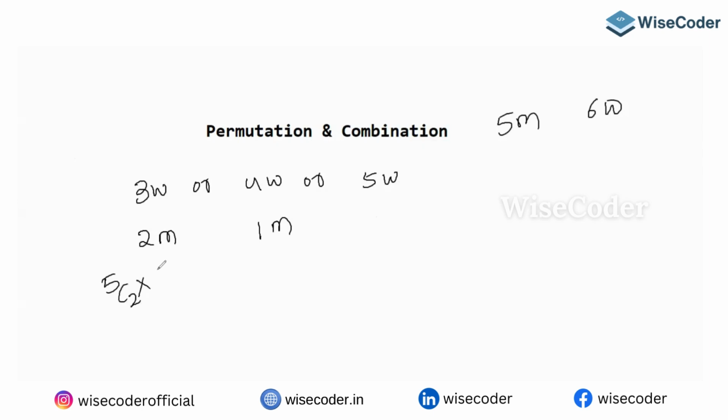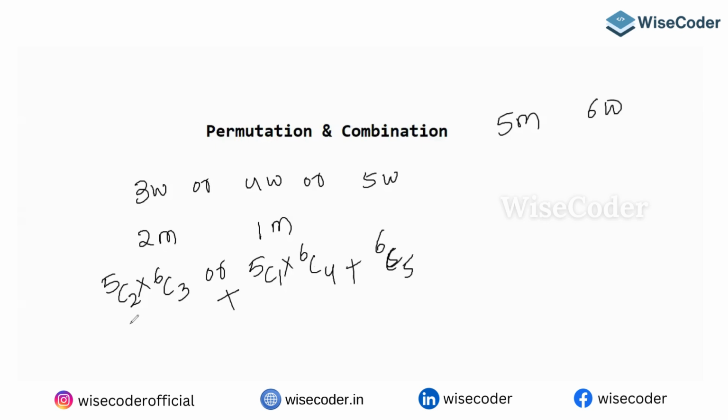So you can say here 5C2 into 6C3, or you can say 5C1 into 6C4. The last case is what? Out of 6 women, I am selecting only 5 women. So R means plus. So calculate this.